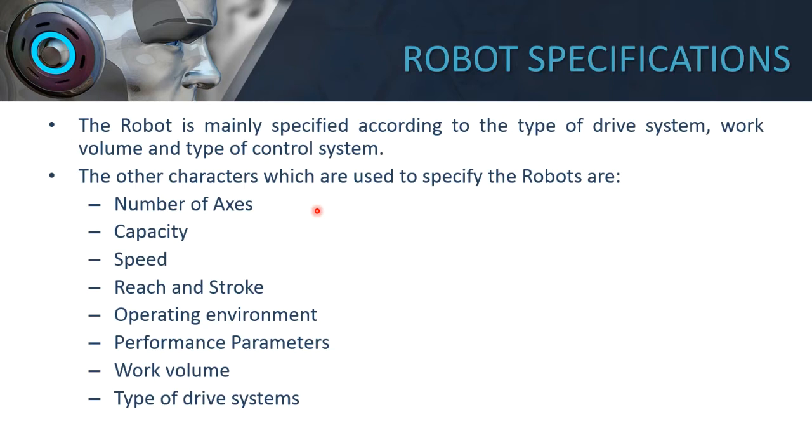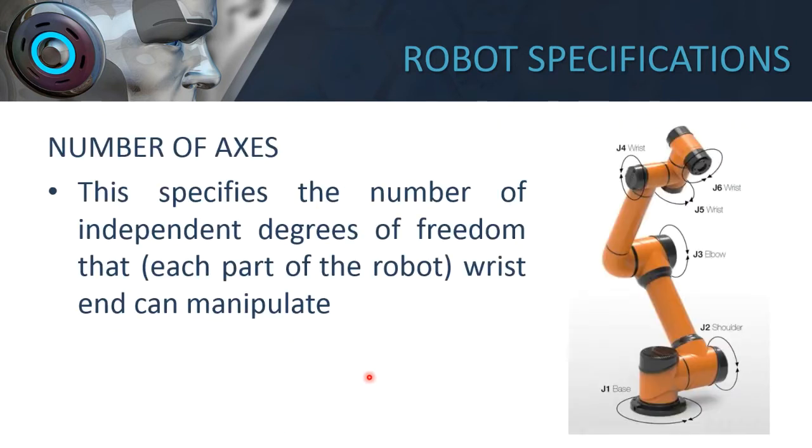When you have to purchase your cell phones, you will obviously look for certain specifications which are important. Likewise, even the robot has certain important specifications that you need to look at. They are number of axes, capacity of a robot, speed of a robot, reach and stroke of a robot, operating environment, performance parameters, work volume, and type of drive system. Let us see how these specifications are used to determine the robot one by one.